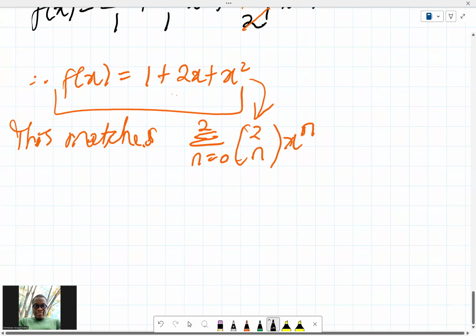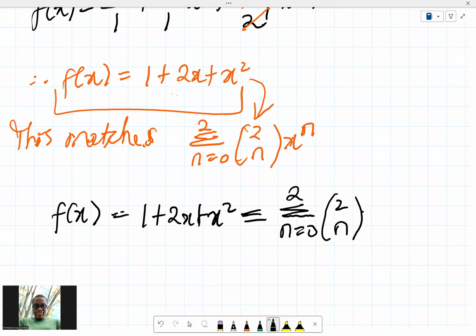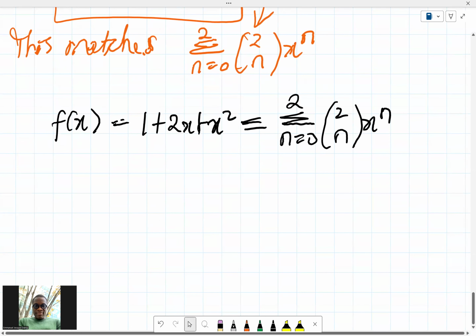So in essence, we are saying that f of x, which is 1 plus 2x plus x squared, is actually similar to the summation from n equals 0 to 2 of 2 combination n x raised to power n. So you see that's a relationship with power series.